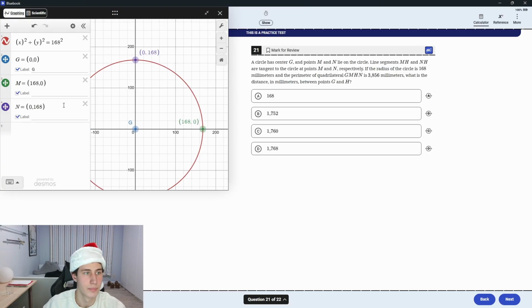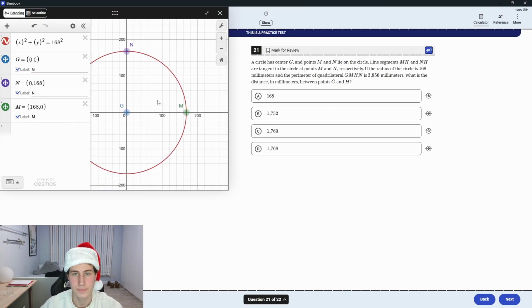There we go. So we'll label this M and this N. So, the points M and N lie on the circle. Line segments MH and NH are tangent to the circle at points M and N respectively. If the radius is 168 and the perimeter of this quadrilateral is 3,856, what is the distance between points G and H?